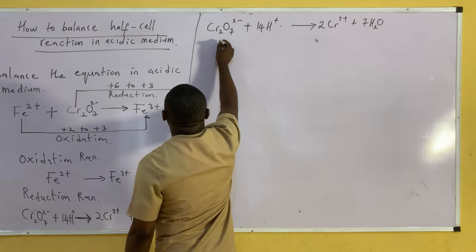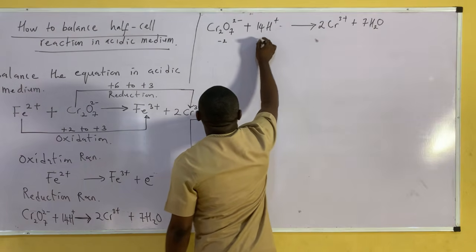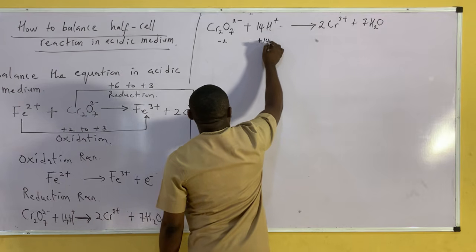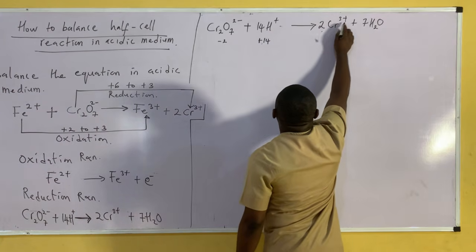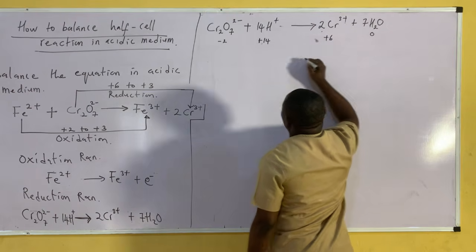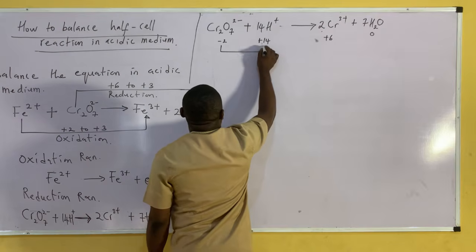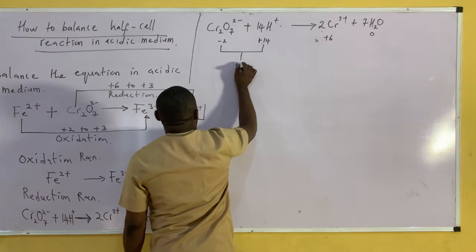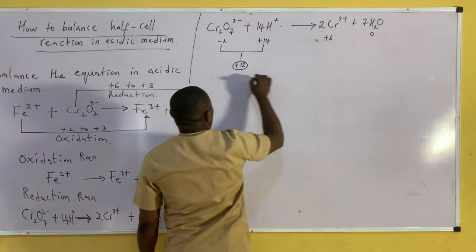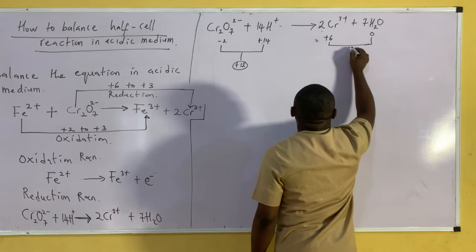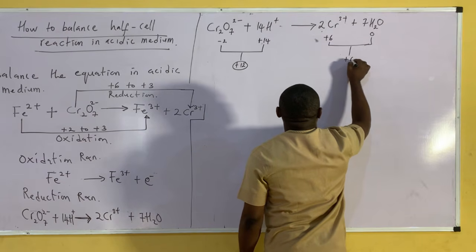Remember we said that everything here is minus 2, everything here is plus 14, everything here is 2 times 3, which is plus 6, while everything here is 0. So on checking our charge, minus 2 plus 14 is now plus 12, and on the right we have plus 6.